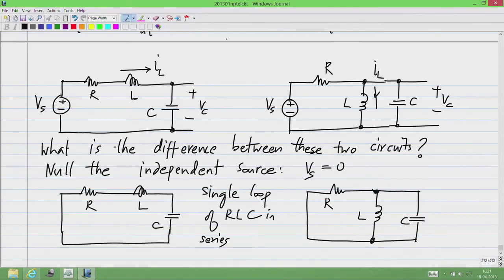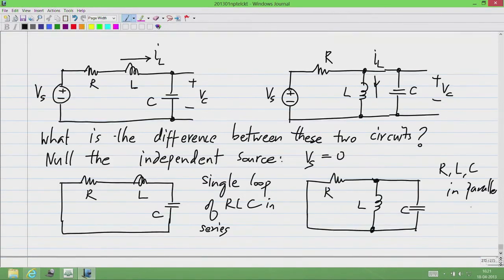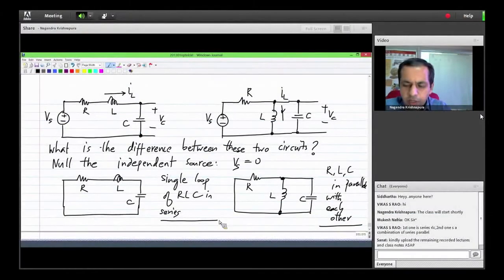So, we get only two nodes with RLC in parallel with each other. Okay. So, basically by looking at the nulled circuit, we can tell whether it is a series RLC or a parallel RLC.